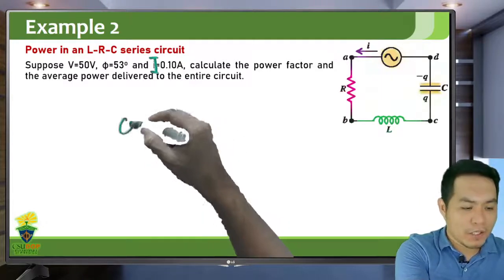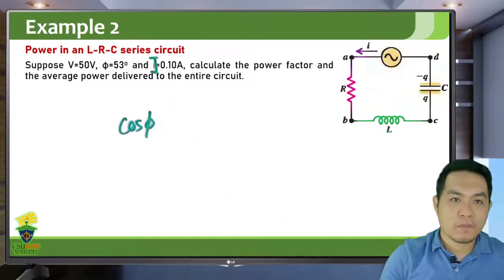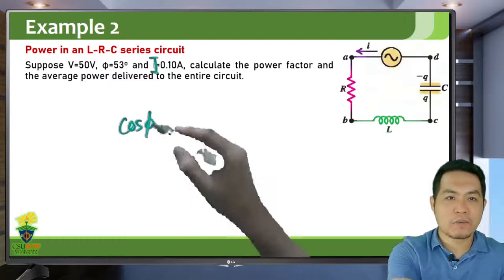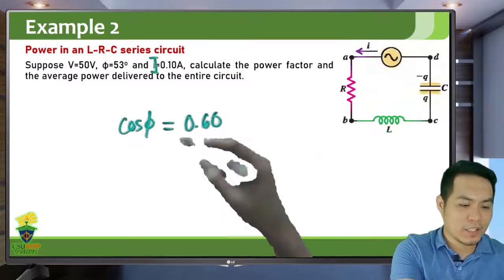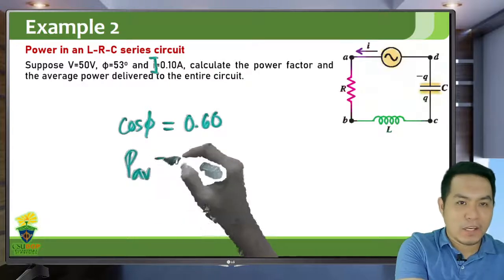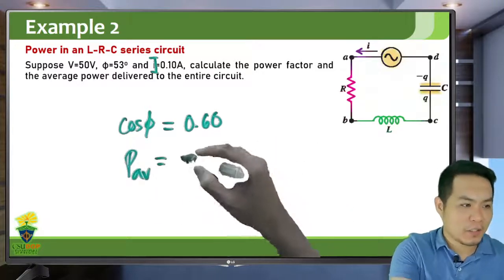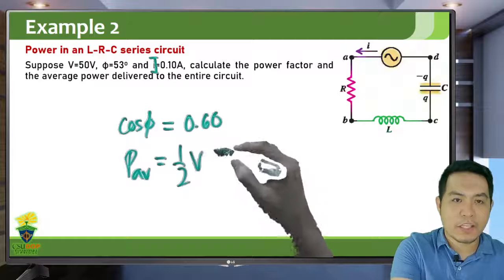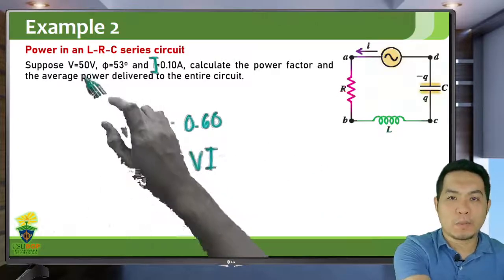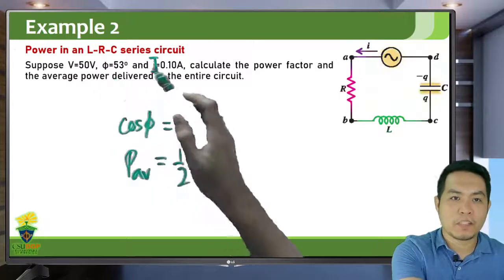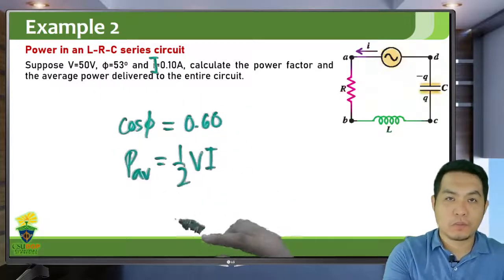So the power factor is just cosine of the phase angle. In this case, 53 degrees, and you will get 0.60. For the average power in this general LRC circuit, it's just 1/2 the voltage amplitude times the current amplitude times cosine phi, the power factor. This is the voltage amplitude of our source, 50 volts. This is the current amplitude, 0.10 amperes.